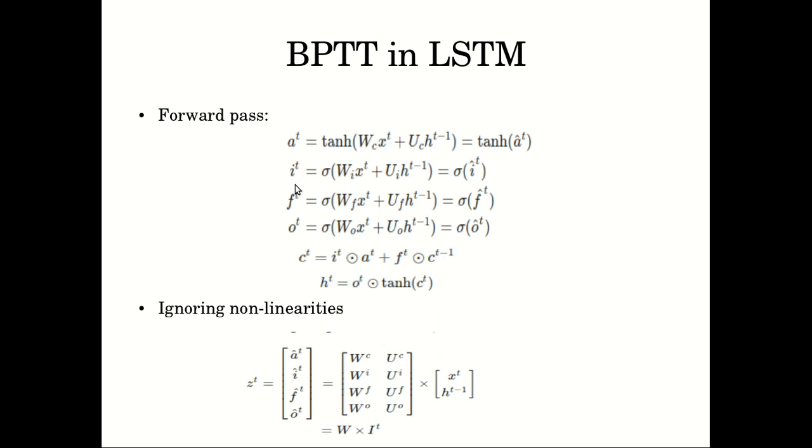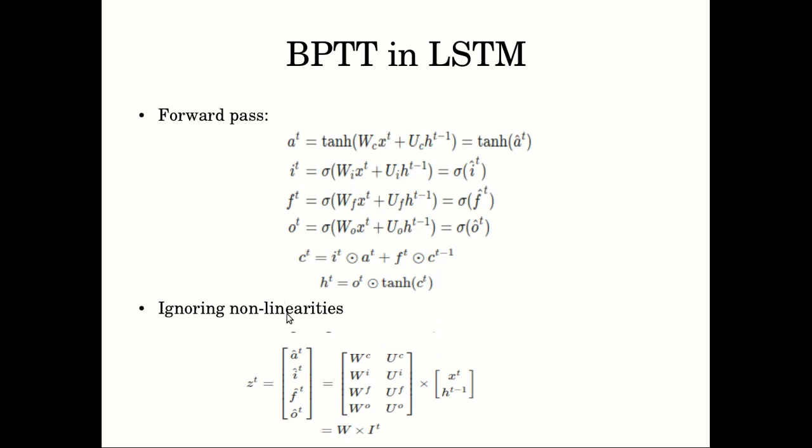And this is the input gate output, forget gate output, output gate output, and this is the current state updation equation, and this is the output updation equation, which is the prediction output limited by the output gate value.